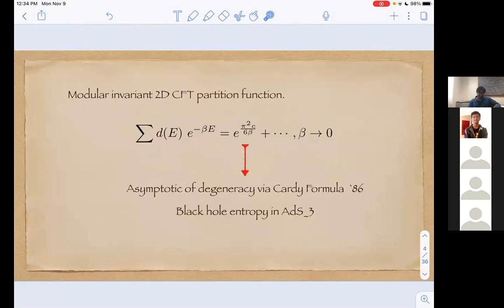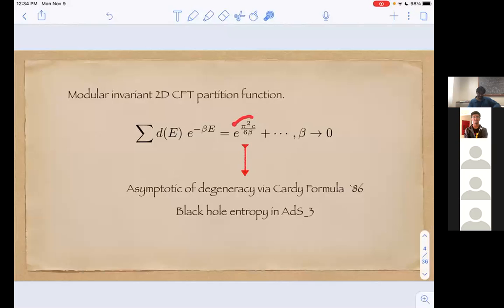We start with a modular invariant 2D CFT partition function. Again, the partition function can be written down as a sum over states with some appropriate Boltzmann factor. And using modular invariance, you can show that in the beta going to 0 limit, this thing is dominated by the vacuum, and the vacuum contribution is given by this universal factor, where c is the central charge.